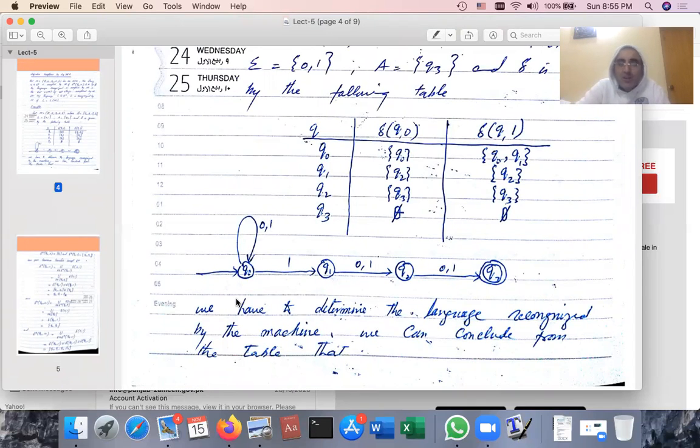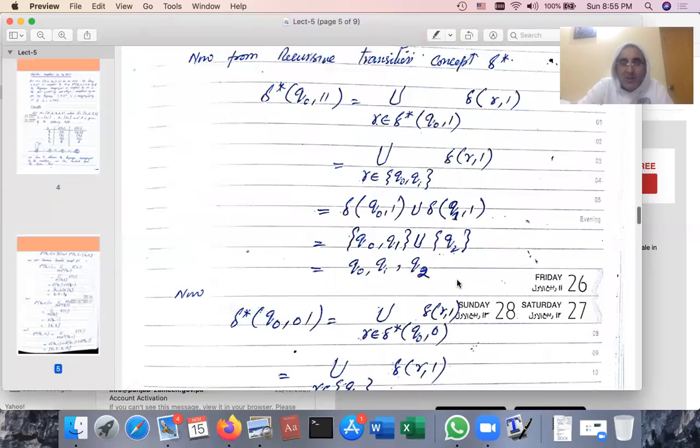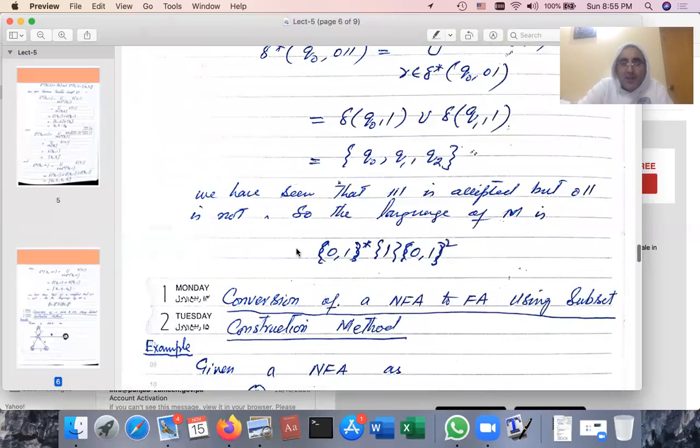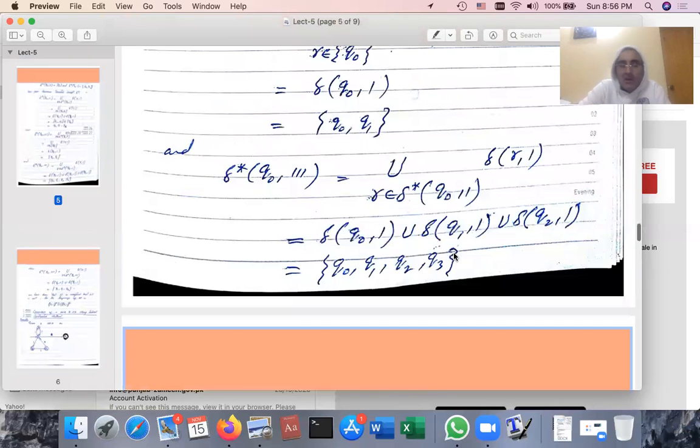So the language of M is 0,1 whole star, then only 1 in between, and then 0,1 raised to power 2. So this is the regular expression for this NFA.